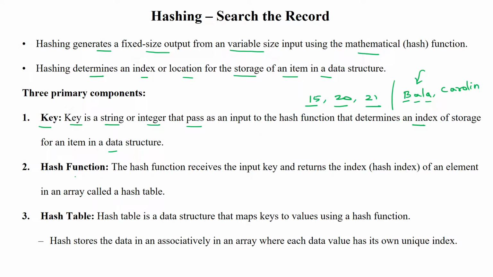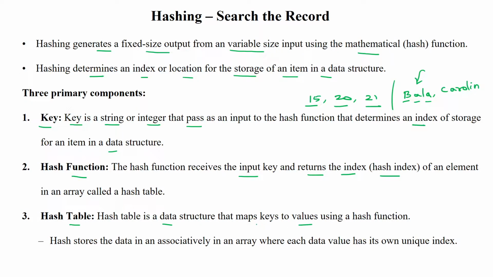So here the hash function will be used to calculate the hash value for each and every input key, and that hash function will return the output that will be the index or hash value of a given element. Here the hash table will be used to store the data. Each hash table has an index and values.